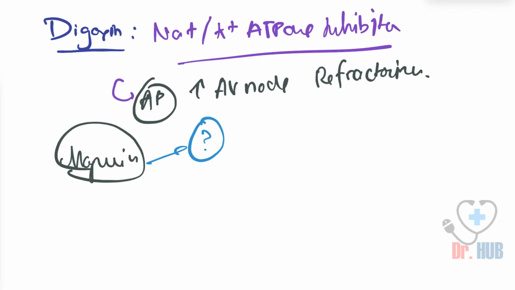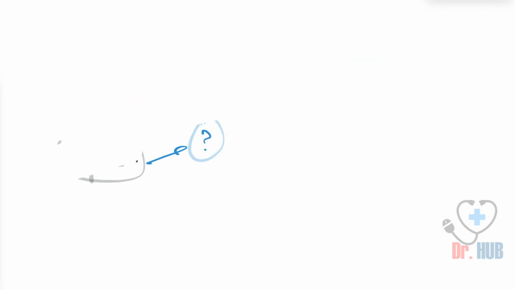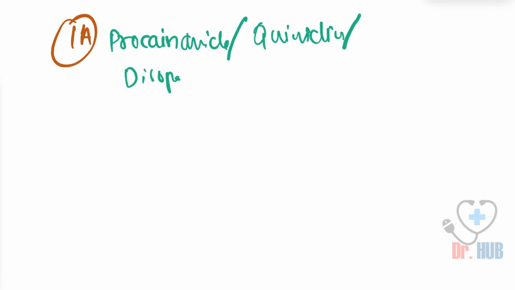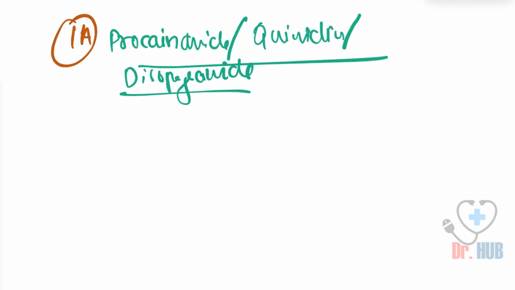Now we are going to go back to answering our questions. The first question we asked was, what are class 1A drugs? Class 1A drugs include procainamide, quinidine, and disopyramide.